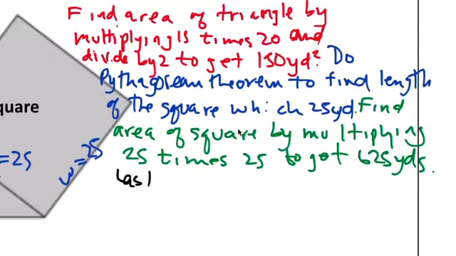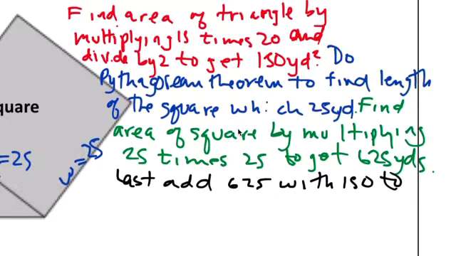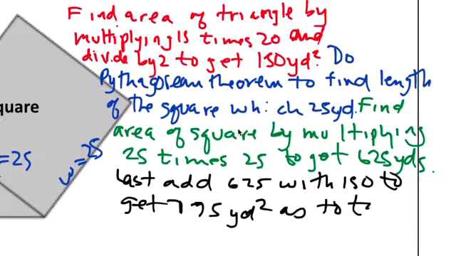Last, add 625 with 150 to get 775 yards squared as total area.